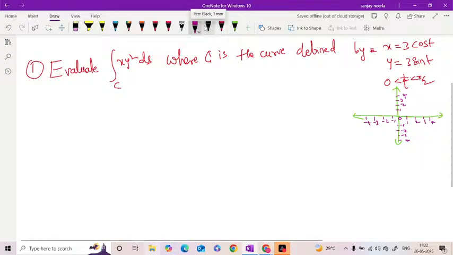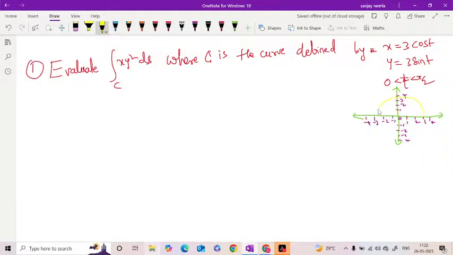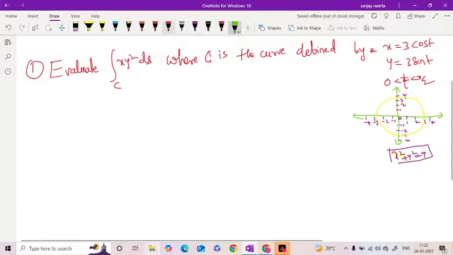Center is 0, 0 and radius is 3. That means this is our circle, x square plus y square is equal to 9. But it is clearly given in the parametric form, and we have to find the length of the arc from 0 to pi by 2. So 0 to pi by 2 means we have to find this arc length.